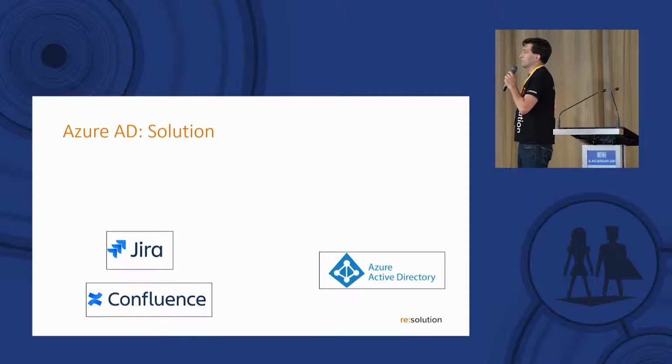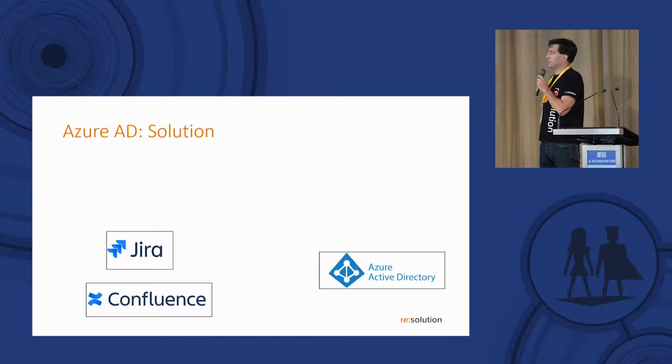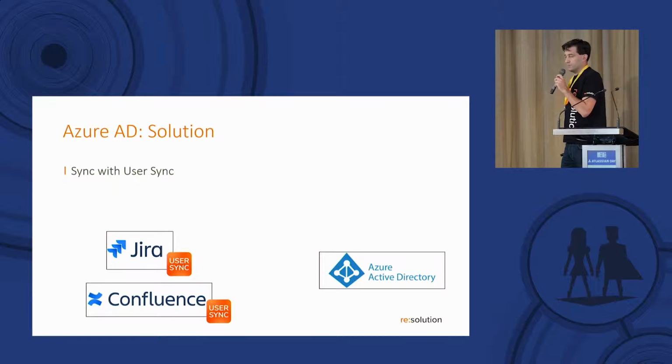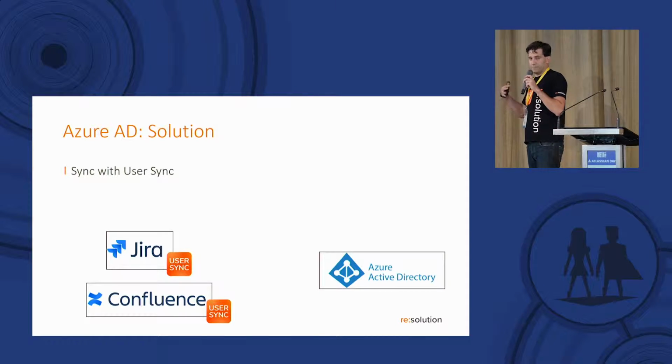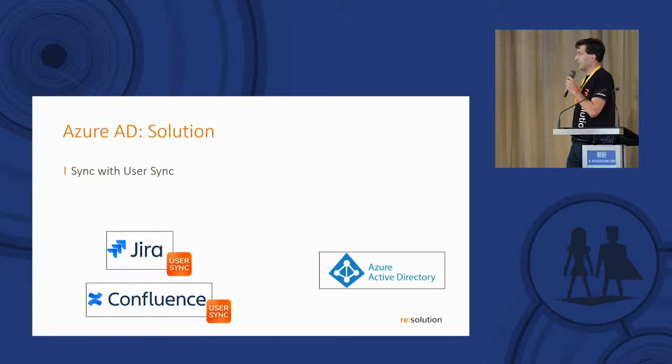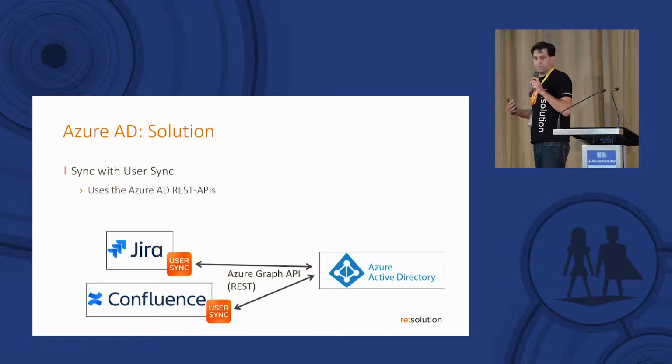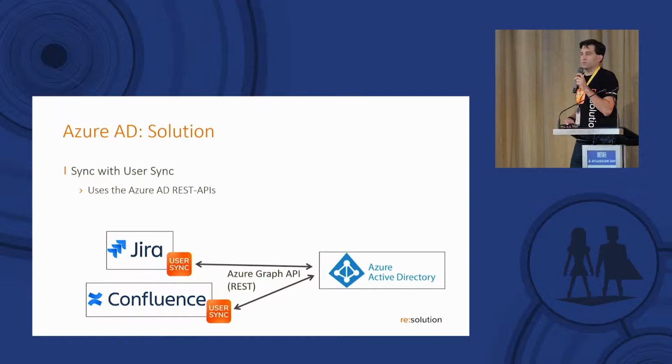So the solution can look like this. You've got your Jira, your Confluence, your Active Directory. And you put in User Sync, which comes as part of the SAML solution we provide. Put it to your Jira and your Confluence. And it's using the Azure Graph API, which is a REST-based API for user management, provided by Azure instead of LDAP.